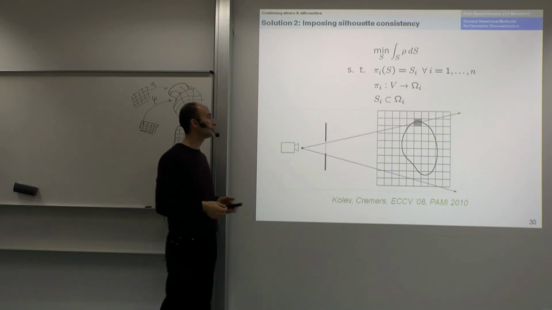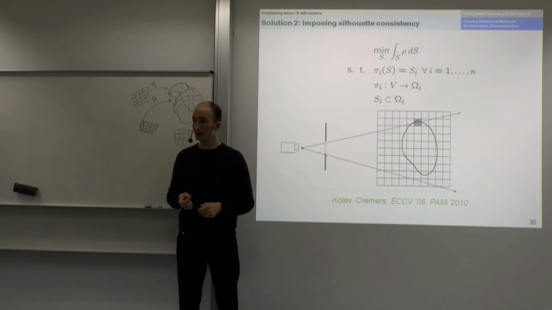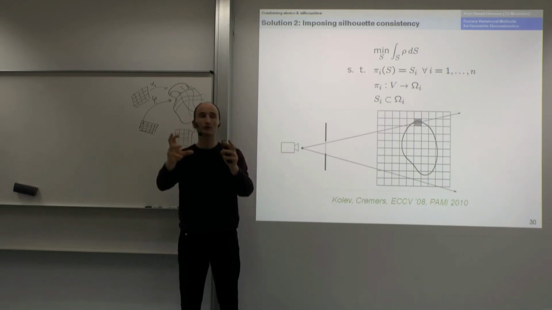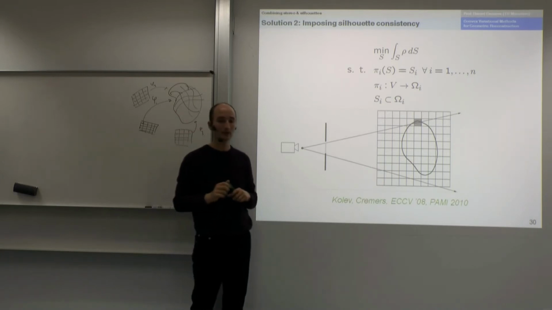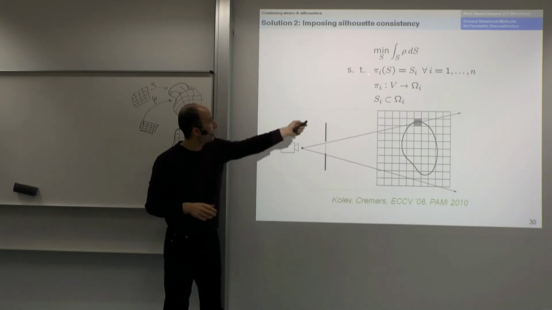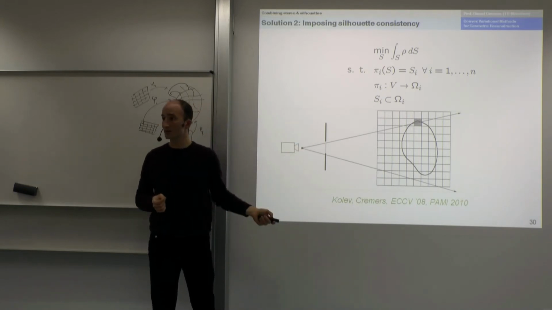And what does that give you additionally? It gives you what is called silhouette consistency. You can say find a reconstruction in 3D that is consistent with these silhouettes. And so we can impose that silhouette consistency as a hard constraint to the optimization.